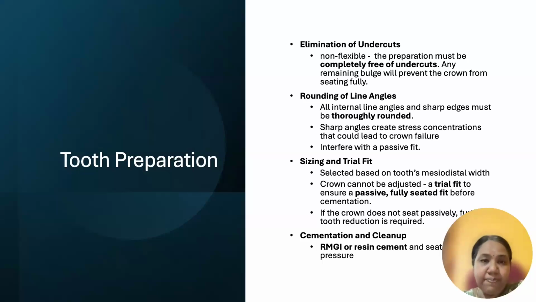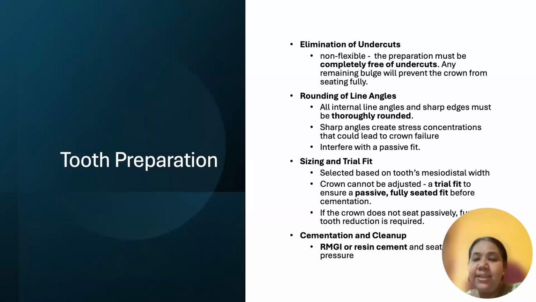Other thing that we should keep in mind when we are preparing for a zirconia crown is that it is a non-flexible crown. So the preparation must be completely free of any undercuts. Unlike the snap fit of the stainless steel crowns or preformed crowns that we are used to, this has to very passively fit onto the tooth. So remember, all undercuts will have to be eliminated.